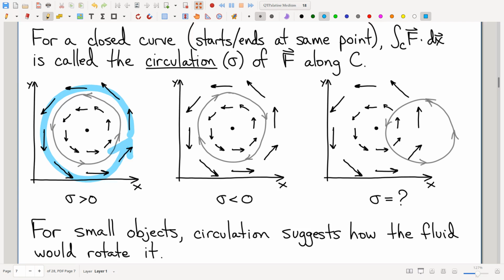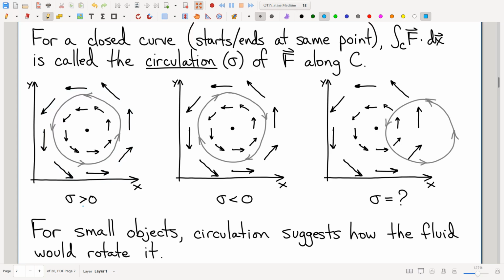In this case, it just coincidentally happens that the rotation of the fluid coincides with there being a flow line that also is a circle. Doesn't have to be, right? And recall back in chapter 3, I showed you an example of a vector field where all the flow lines were straight lines. But nevertheless, there was still an overall rotation in the fluid. So please don't be distracted by the idea of flow lines. That's just not what circulation is.